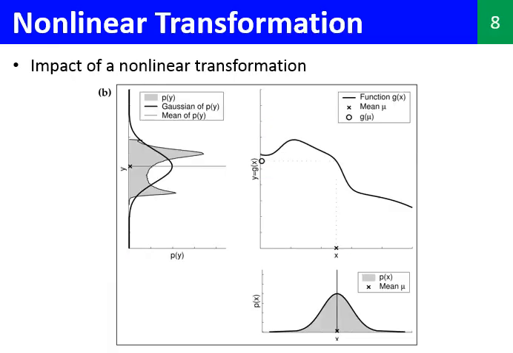We can understand the impact of a nonlinear transformation of a Gaussian in this figure. So when we input a random variable with a Gaussian distribution, so this is our input, and here we have a nonlinear function. Okay, so you are going to get some strange looking PDF which we may not even be able to compute in closed form. So here we have the output.